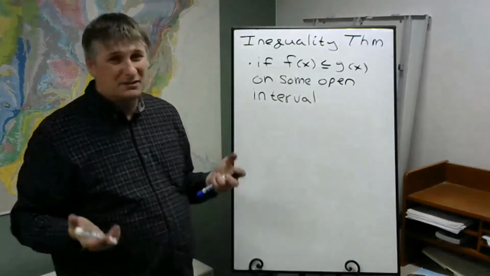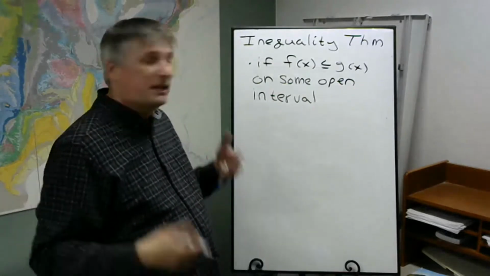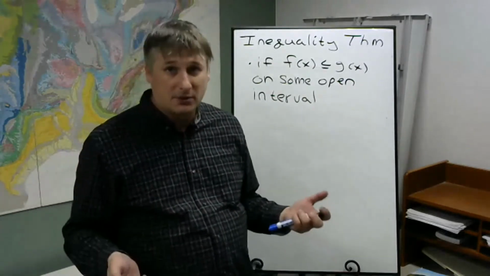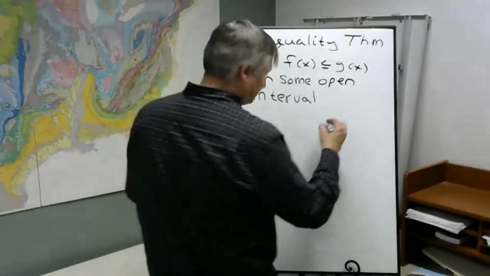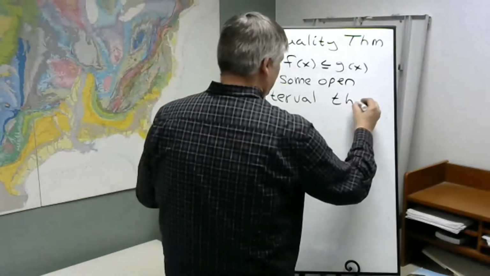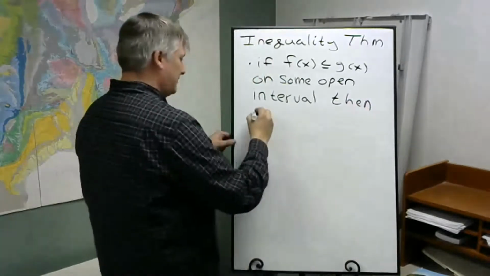So if f of x is less than or equal to g of x, again, on some open interval like we saw before, then, well, we'll see this.